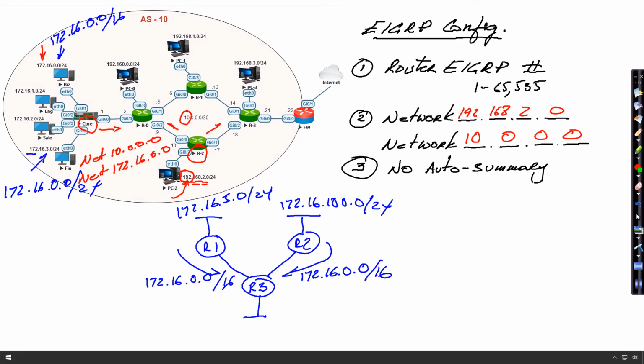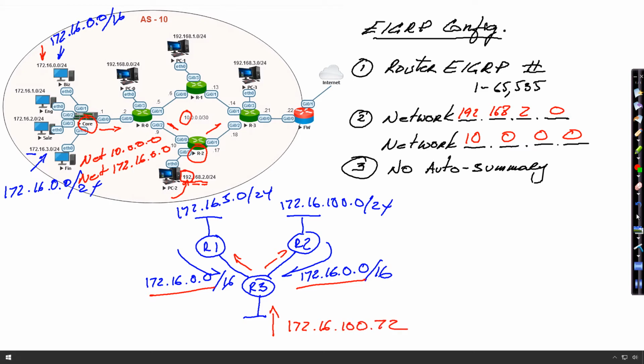Router 3 will then put both paths to reach the 172.16.0.0/16 network in its routing table and will load balance. This will cause a major problem if somebody behind router 3 is trying to go to 172.16.100.72.